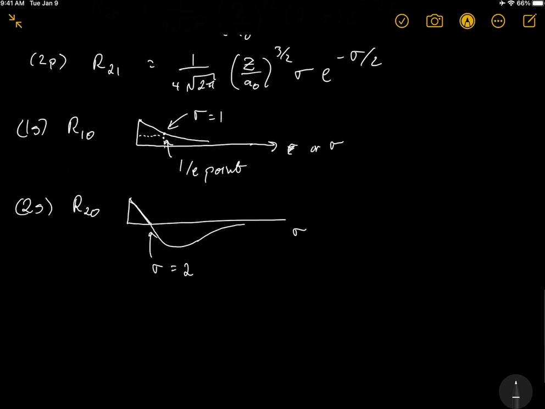Now let's look at what the 2p type wave function looks like. That's R21. And that is just sigma times e to the minus sigma over 2. And so it looks a little bit like this, right? It starts off at 0, then it increases for a while, goes through a maximum, and then decays exponentially after that.